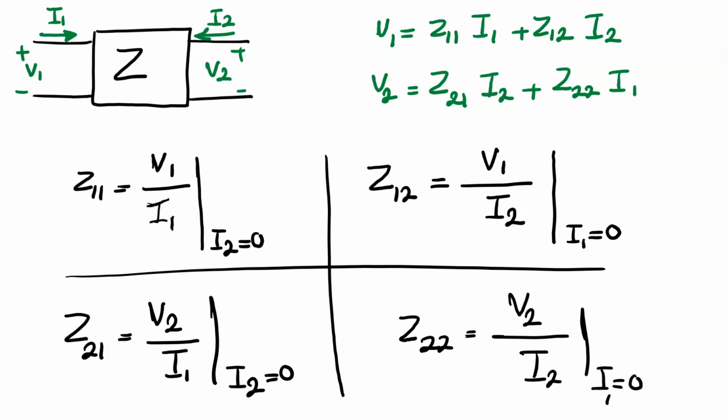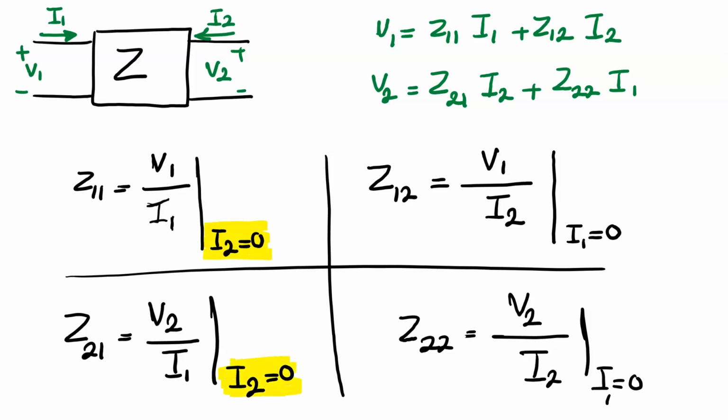So here this table helps you to figure out what should be Z11, Z12, Z21, and Z22 according to this equation. Now, let me show you how you can solve a circuit. The first thing that you should be careful about is that you are solving this circuit in two different scenarios. What are those scenarios? The first scenario is that you need to have your I2 as 0.